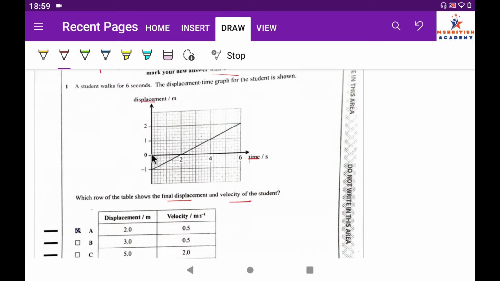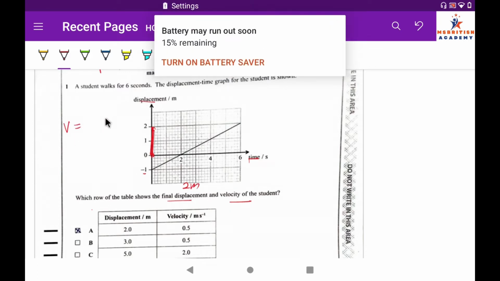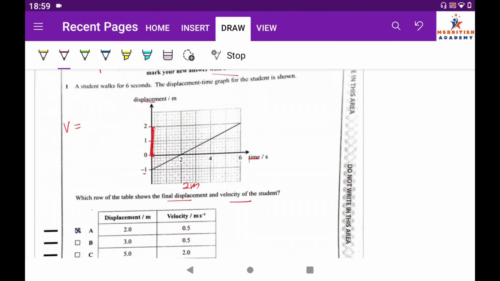Final displacement is calculated from 0, not from minus 1. It is calculated from 0. So from 0 it is 2. So the final displacement is 2 meter, and velocity, as we know the formula, is delta S upon delta T. So now we will consider the whole displacement change.